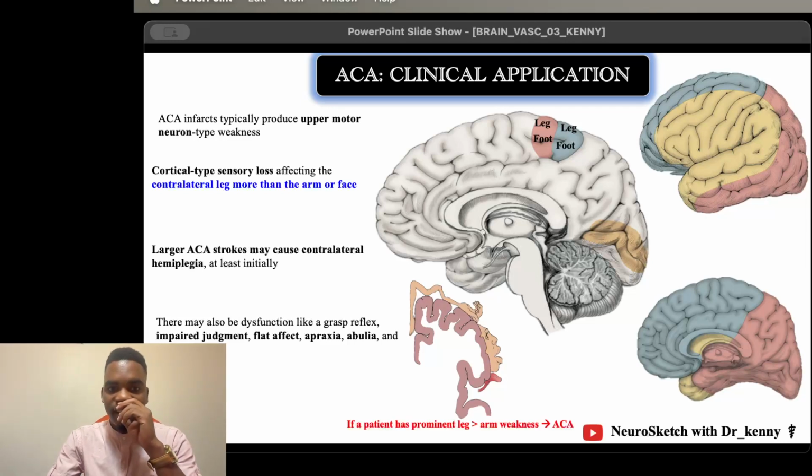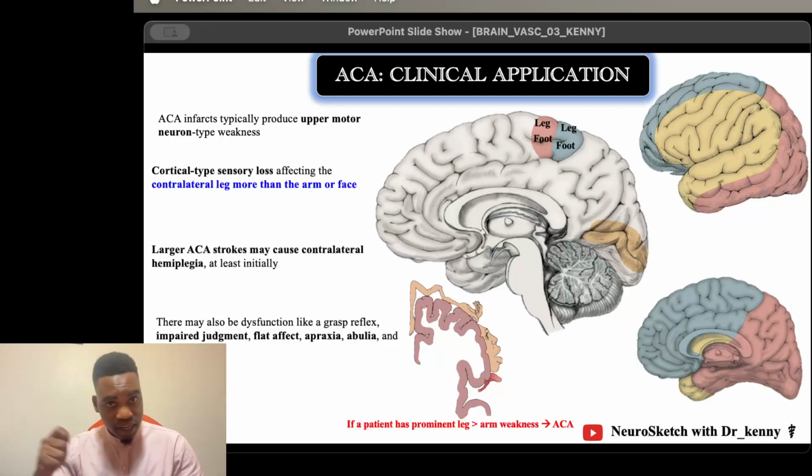But something very important here that can make you even better at differentiating is that if the patient has prominent leg weakness more than arm weakness, you should suspect anterior cerebral artery infarction, damage, or stroke.